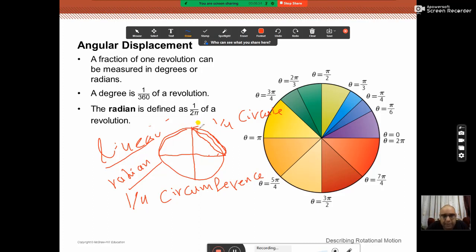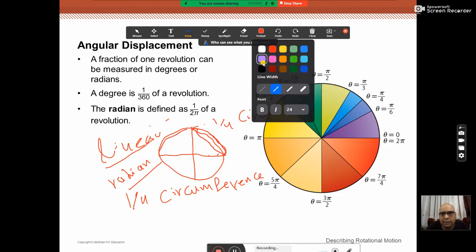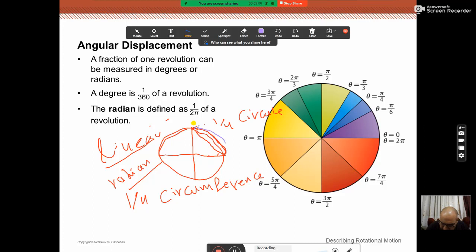For this arc, you can calculate it as 1/4 of the circumference, as it represents the linear distance, or measure it using the angle to find the radian measurement. The angle here is 90 degrees, so theta is 90 degrees.